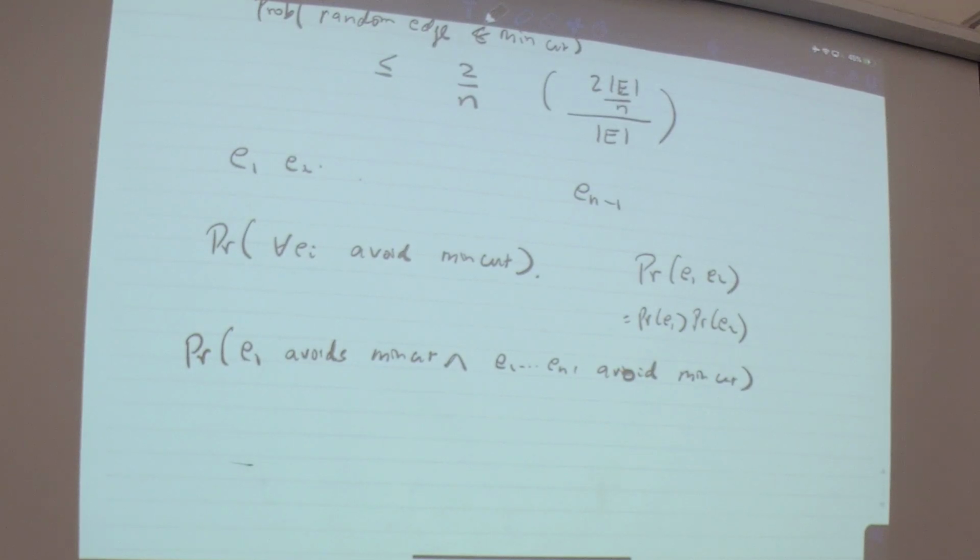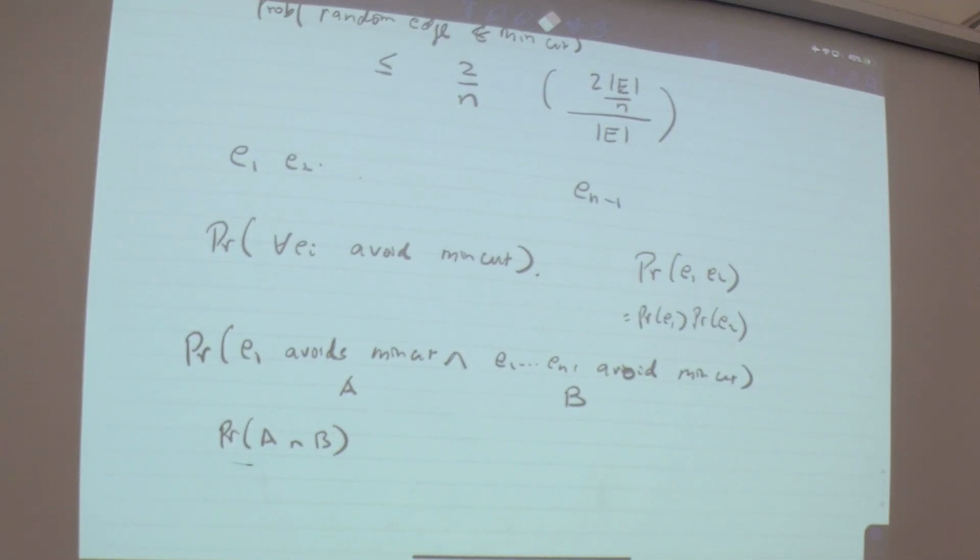So think of this event as A and this event as B. So you can write this as the probability of A and B. Now we can't split this up into probability of A times probability of B, as we just said, but we can write it as the probability of A happening and the probability of B happening given that A happened. This is just a basic factor one problem.